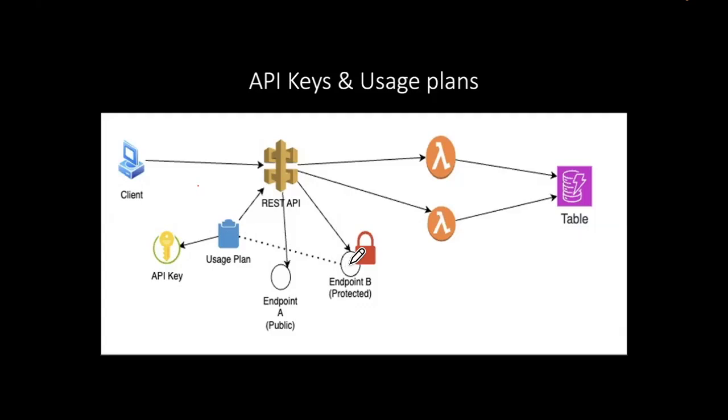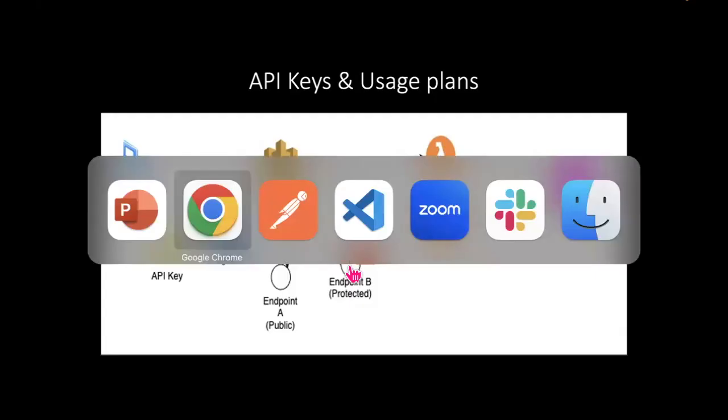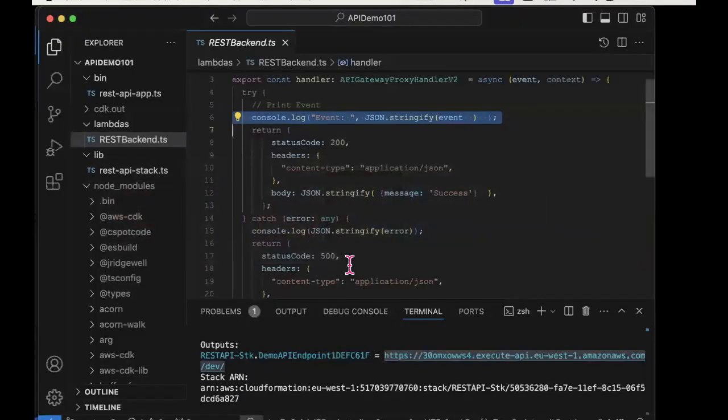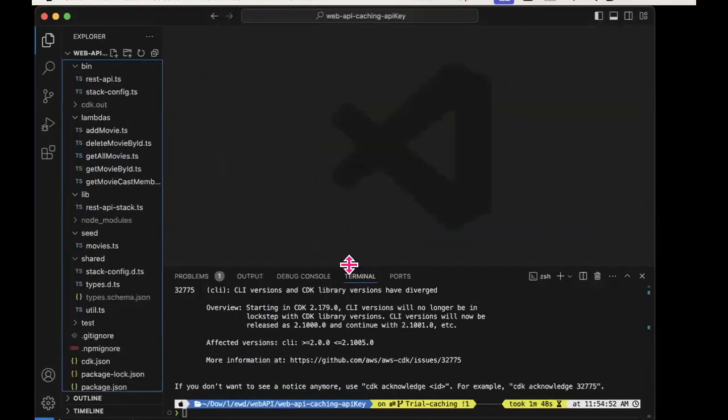What I've done, just for illustration purposes, is I've implemented this, but fortunately I can't show you the code, but I'll just show you it working. So if I go to the web API, let me just switch over to it. So this is the web API.